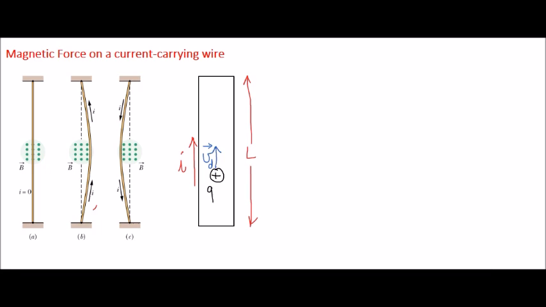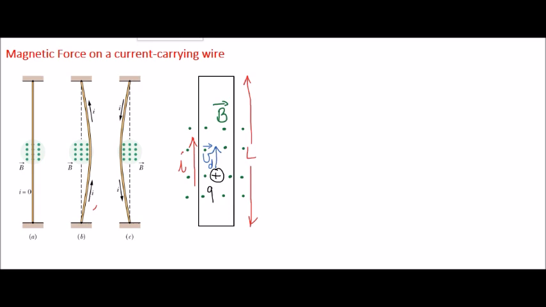In this region, we have a uniform magnetic field, by the way, B, out of the page. What is the magnetic force applied on this charged particle, using the hand rule?